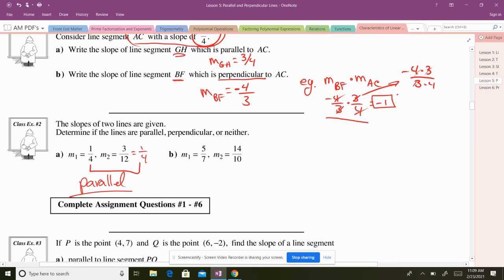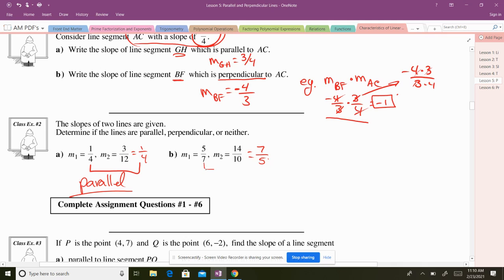All right, M1, M2. M1 has a slope of 5 over 7. M2 is 14 over 10. So what can we do here? What should we do to the 14 over 10? Lowest terms. So what goes into 14 and 10? 2. So I get 7 over 5.